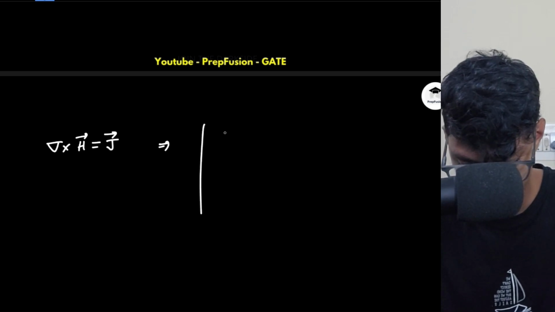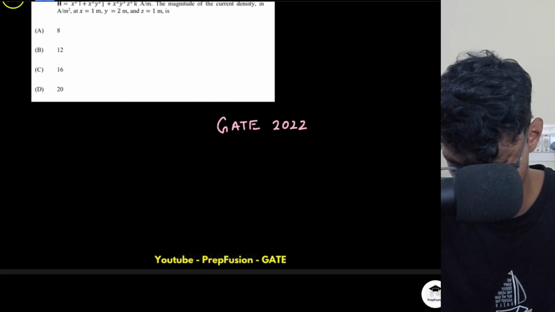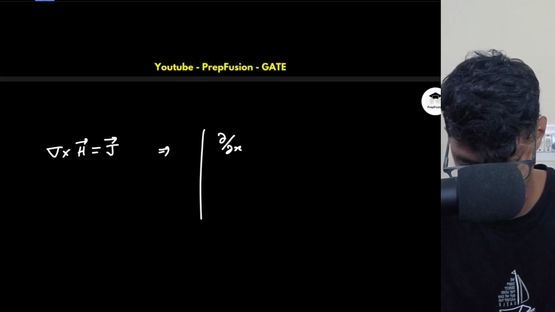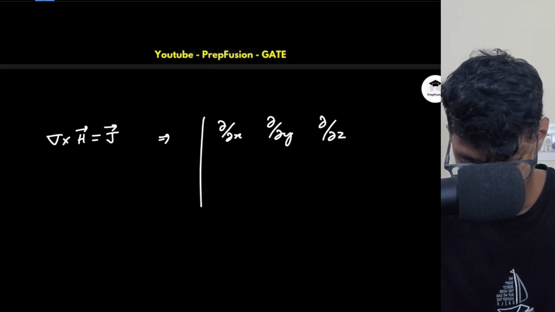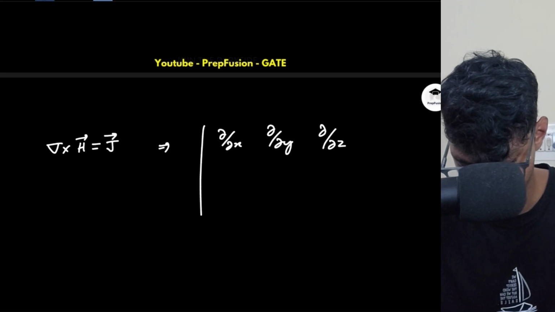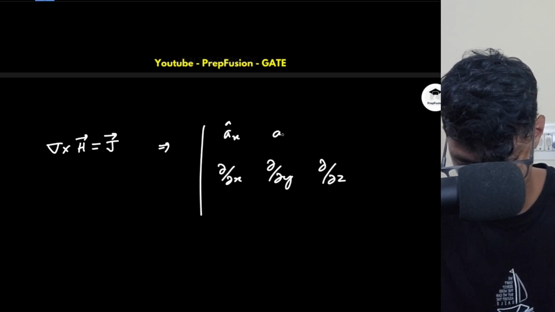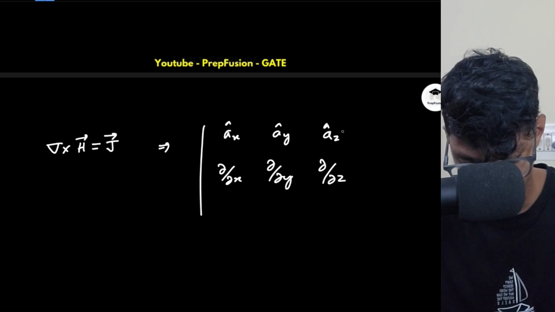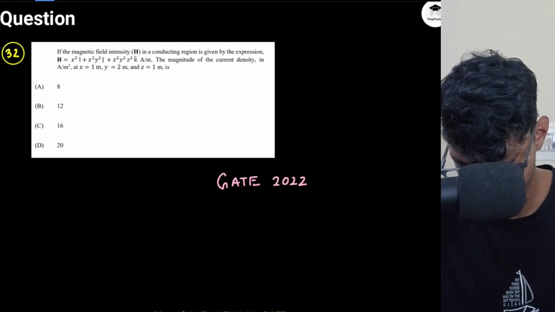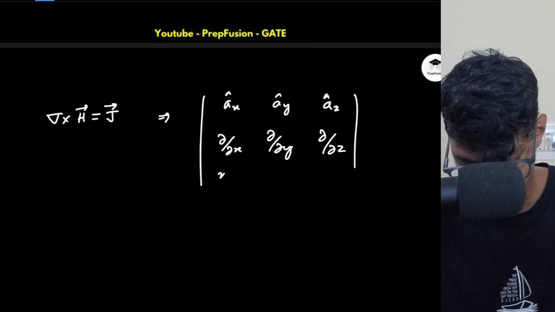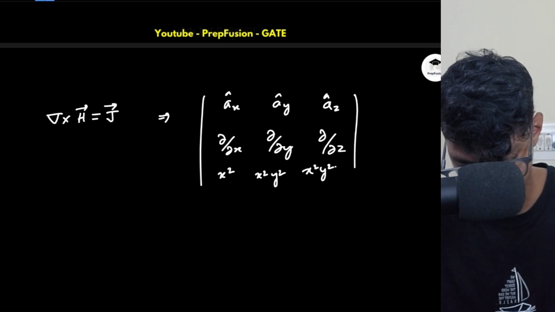So what is del cross H? Basically here I can say that it is in xyz coordinates, right? So things are very simple here. Del x, del y, del z, and this is ax, ay, az, and this is x square y square z square, x square y square z square, x square y square z square.